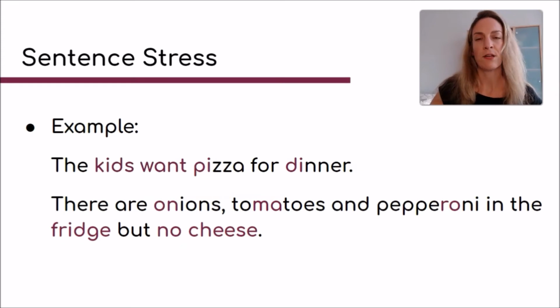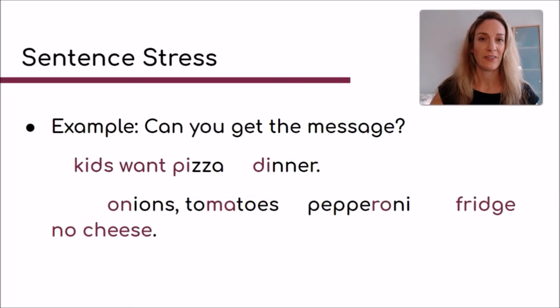And remember what I said about stress. So stress makes a word, or a syllable, a little bit longer and louder, and therefore easier for us also to catch and hear. So if you were to only hear the stressed words in those sentences, kids want pizza, dinner, onions, tomatoes, pepperoni, fridge, no cheese, you'd probably think, oh, Billie's gone a bit weird.